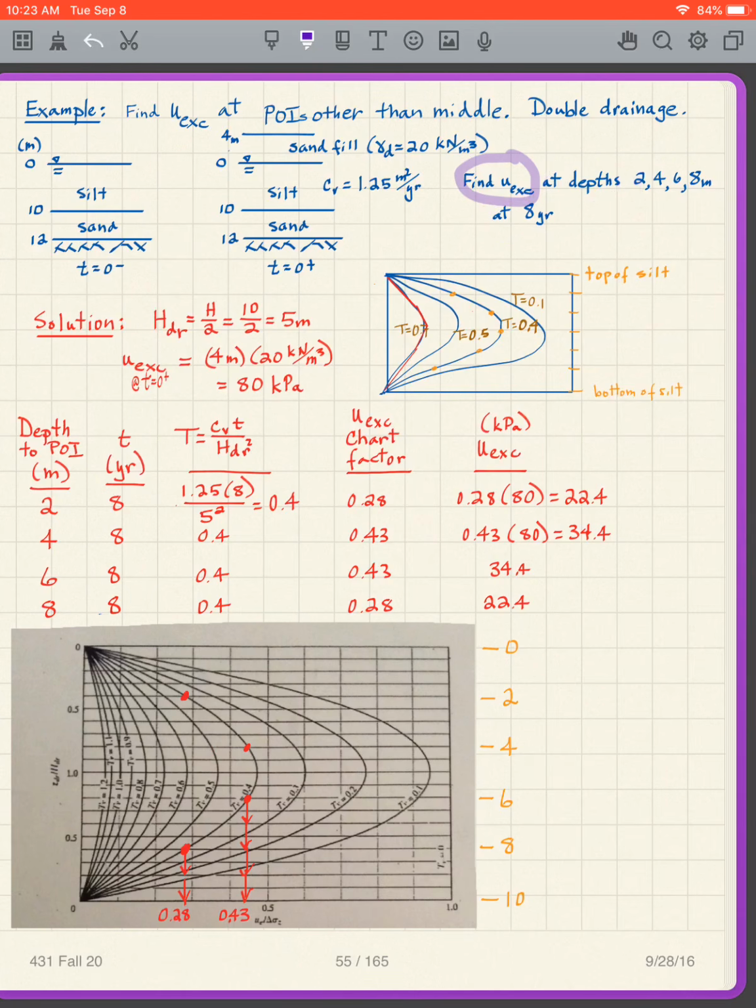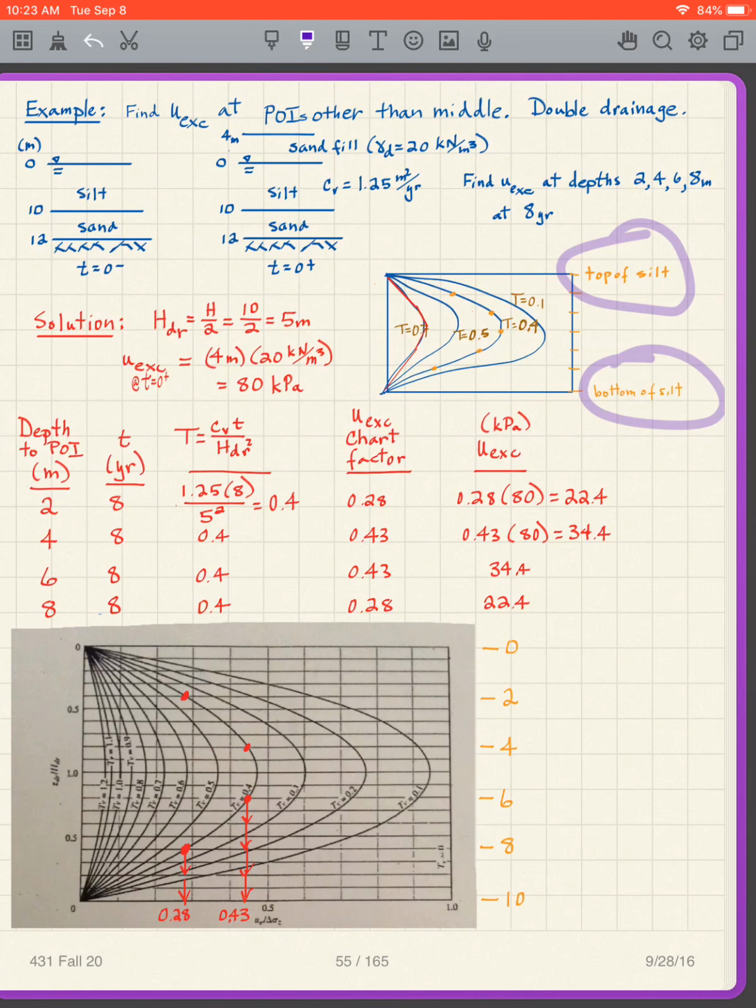So how do we do that? Remember, we have to use this particular chart, and when we do that, the top of the silt is here.